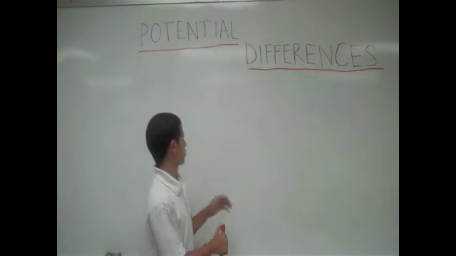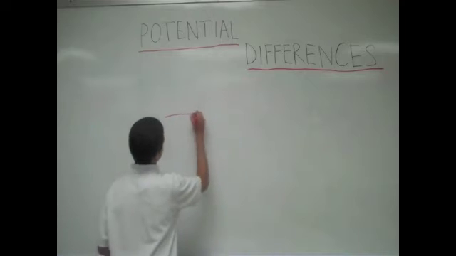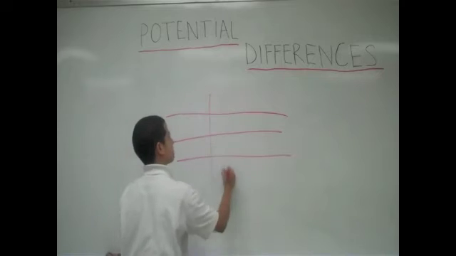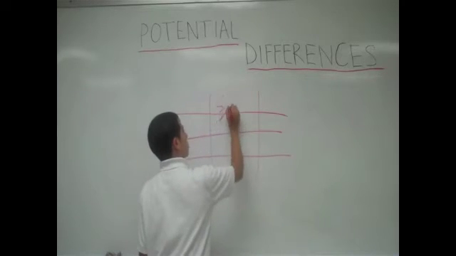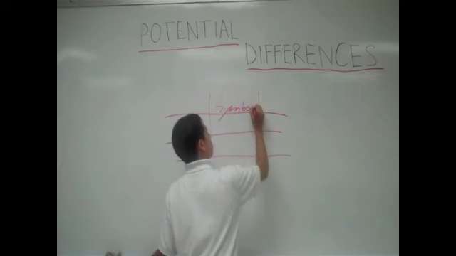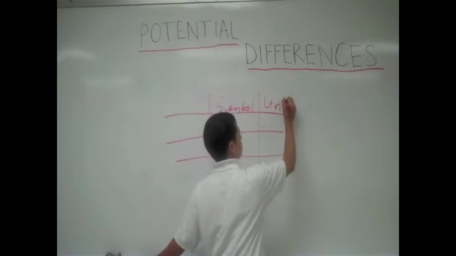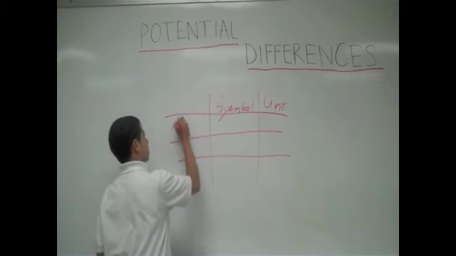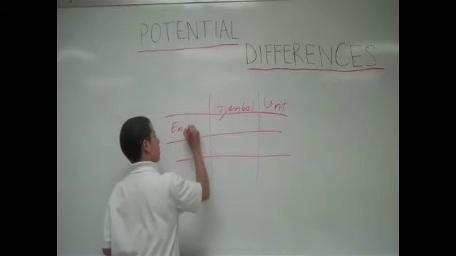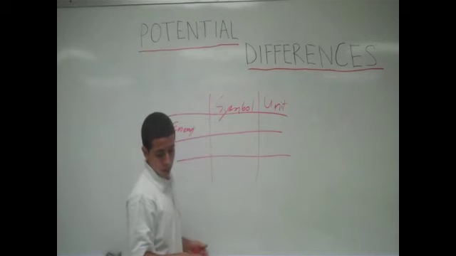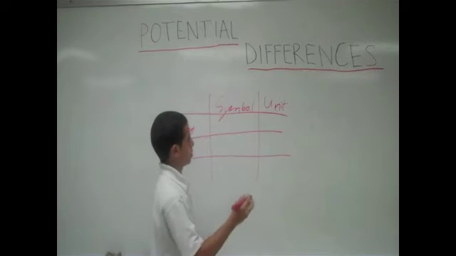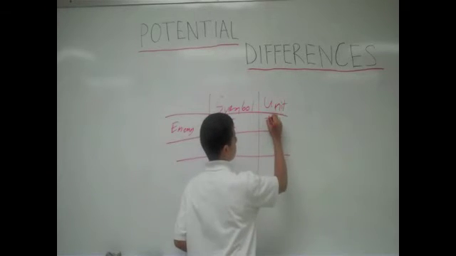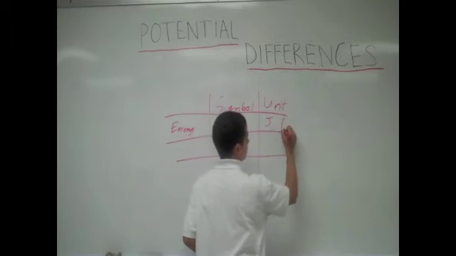I'll show it to you in a chart, like I showed potential difference earlier. This being the symbol, this being the unit. So as I said, energy, the symbol for energy is E, but its unit is J for joules.